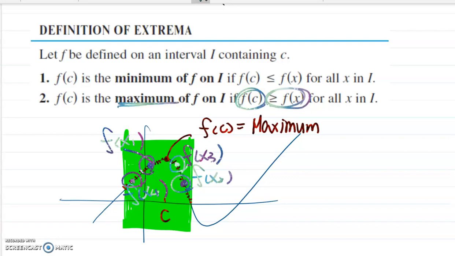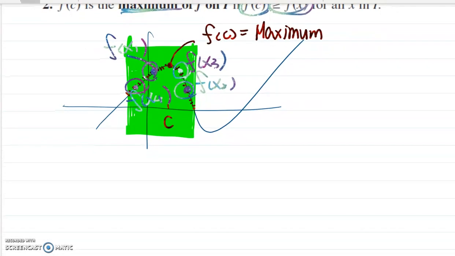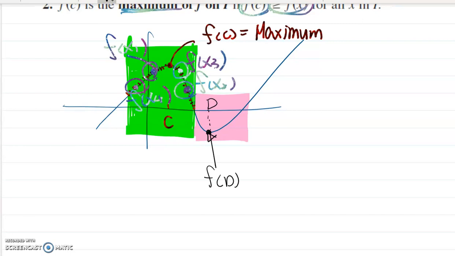Okay, the same thing, I'm going to make another interval like this. So this time I'm going to make this interval here. Then you know that this is the minimum, right? So I'm going to say this is maybe t. Then f(t) equals our minimum value.